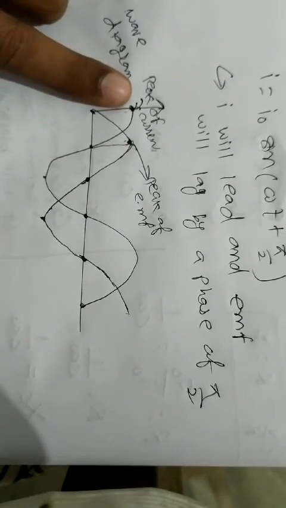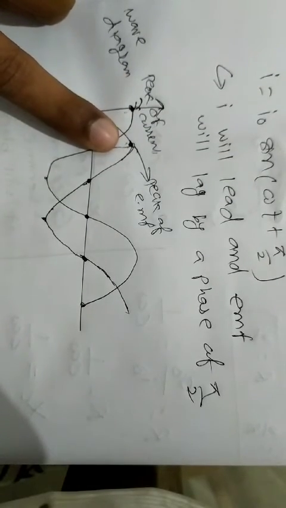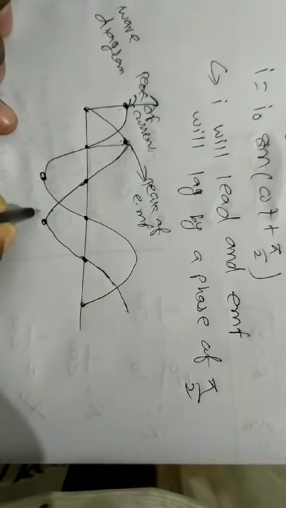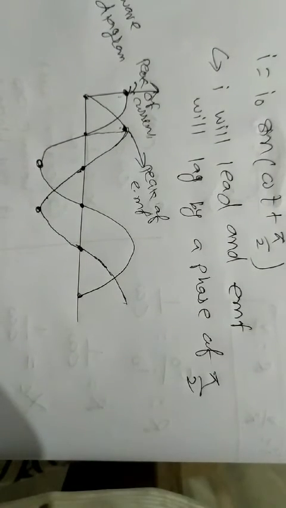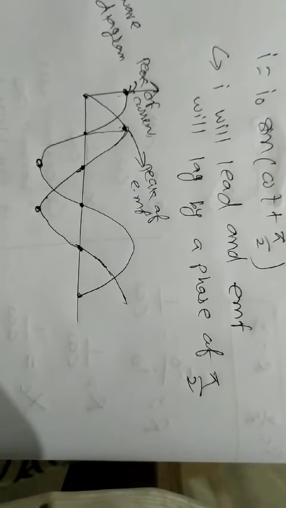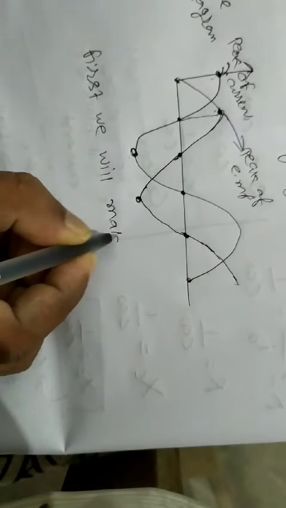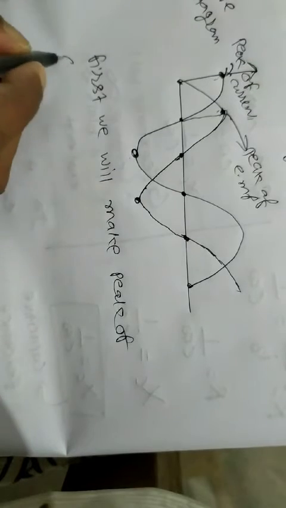So current peak will come first, then EMF peak. Again here, current peak will come first, then EMF, by a phase of how much? Pi by 2. Clear? So what we will write is that first we will make the peak of current.